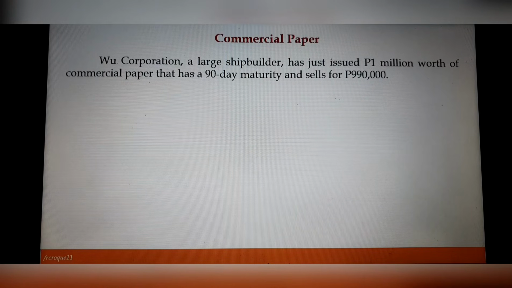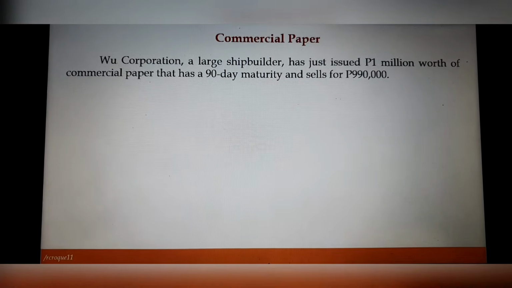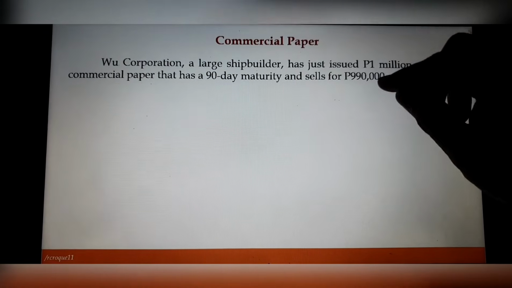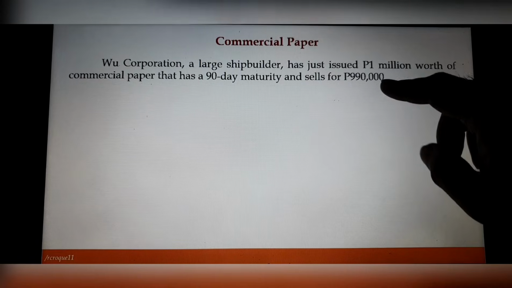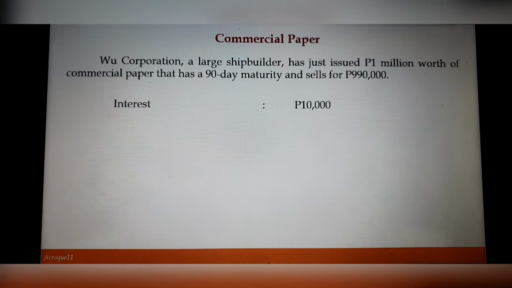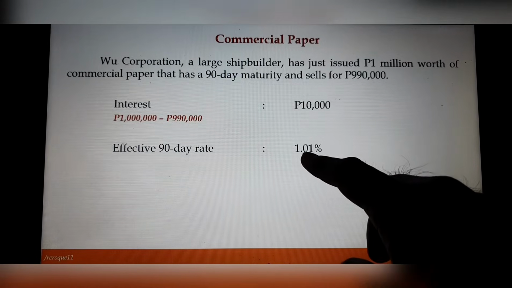So, Wu Corporation, a large shipbuilder, has just issued 1 million worth of commercial paper that has a 90-day maturity and sells for 990,000. So, dito pa lang, kita na natin kung magkano yung magiging cost ng commercial paper natin. So, that would be 1 million minus the 990,000. So, the interest is 10,000 pesos. And then, the effective 90-day rate is 1.01%.